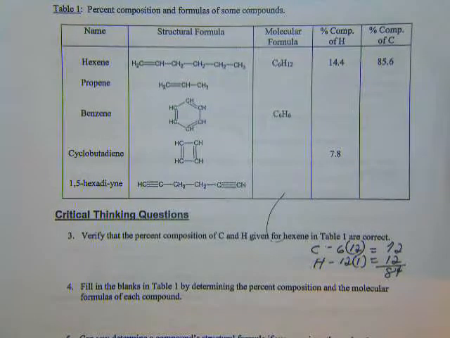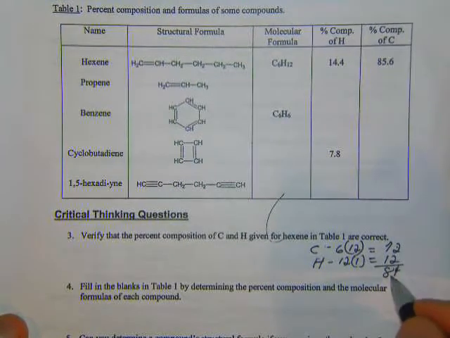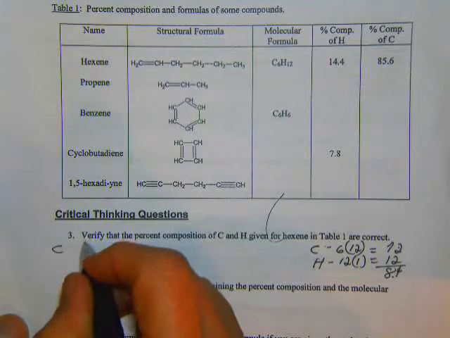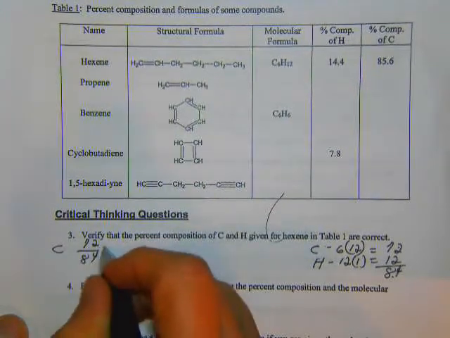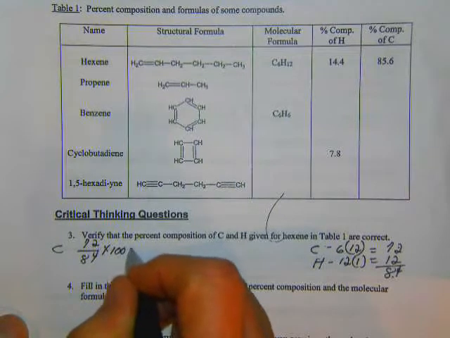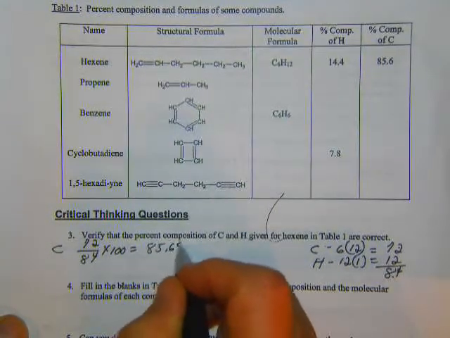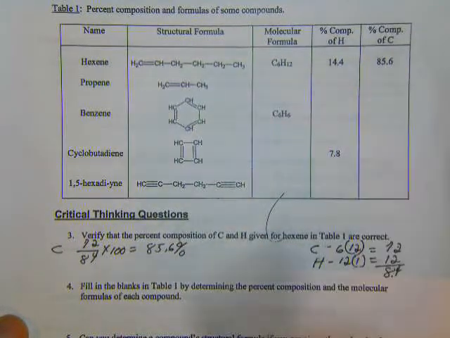So we want to find the percent, and it's part over the whole. For carbon, it's 72 over 84, times 100 because we want percent, and that's about 85.6%, which looks pretty good compared to what we have up there.